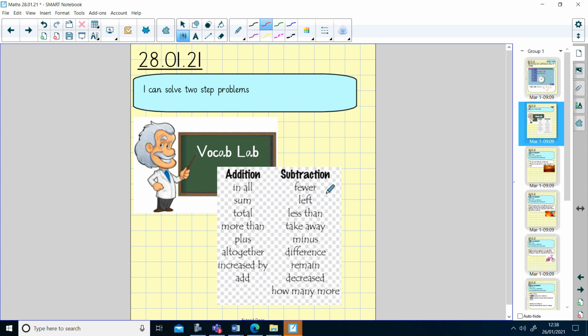You might hear fewer, left, less than, take away, minus, difference, remain, decreased, how many more. You might hear those words and have to do some subtraction. So let's have a look at a few problems together, and then I'll tell you what I want you to do today.